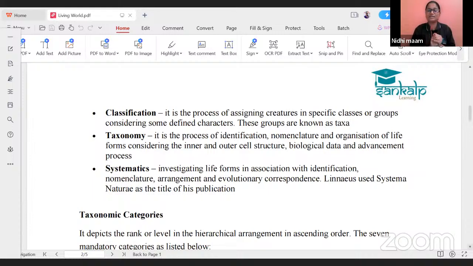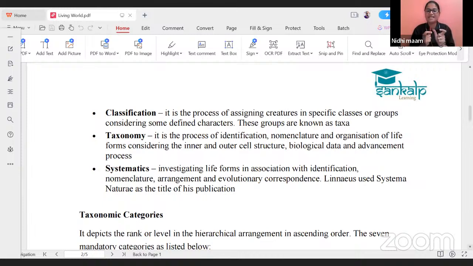Next one is taxonomy. What do we do in taxonomy? It is the process of identification. We observed, we studied the characteristics, we identified it, we name it, nomenclature, and organize it like species, genus, class, order, family. This is called taxonomy.